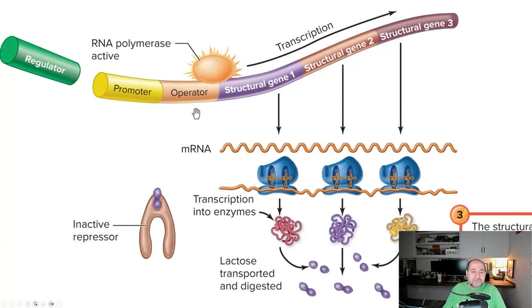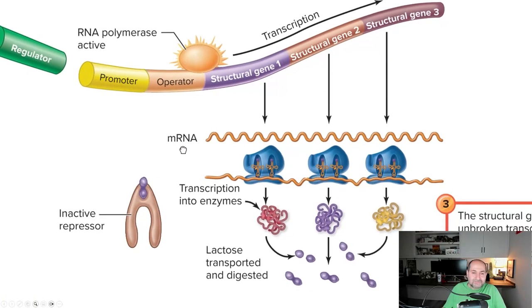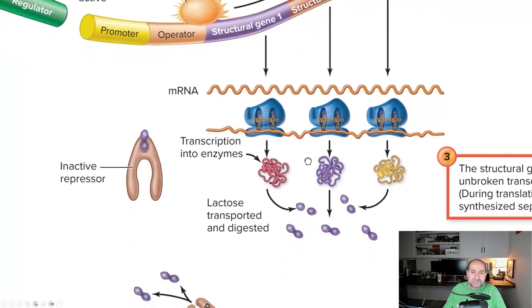So now you have effectively turned on the lac operon by adding lactose, the inducer. The lactose inactivated the repressor, allowing RNA polymerase to transcribe the 3 genes. And remember, because this is an operon, all 3 of those genes are expressed as one single very long mRNA, which is then recognized by ribosomes.